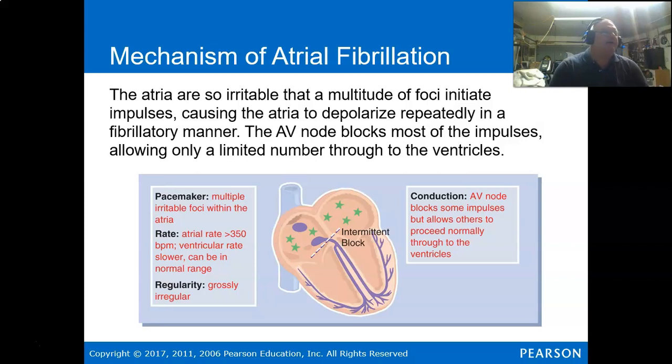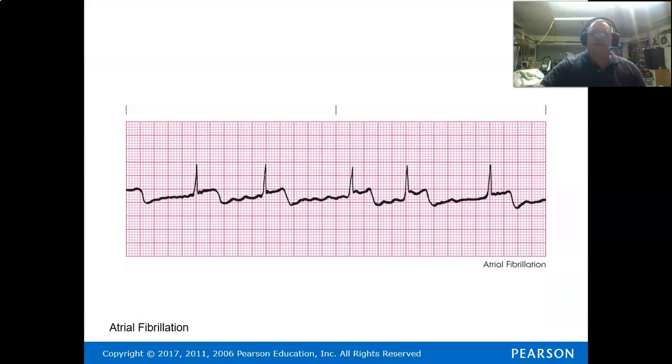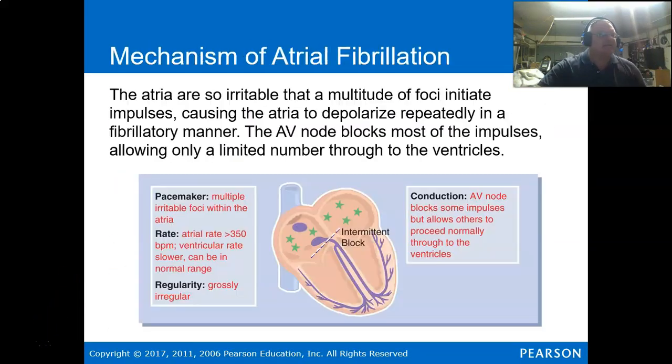Now the bad part about this is those little wavy lines, and I'm going to go show you an example of that. Again, I've got fibrillation waves all through here, but finally the AV node is going to let some signals through, or better yet, sometimes the AV node simply takes over. But most of the time, it will read a close-by signal and then transmit that down to the ventricles.